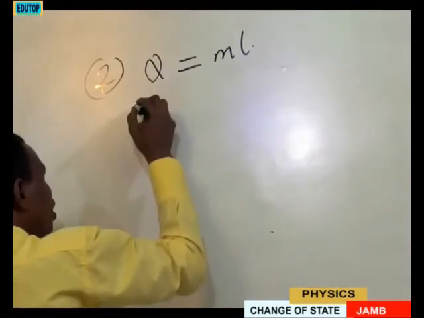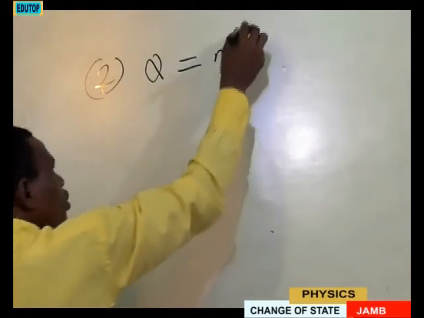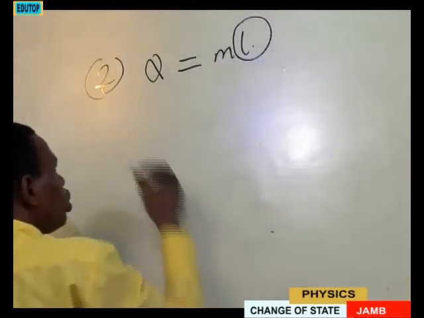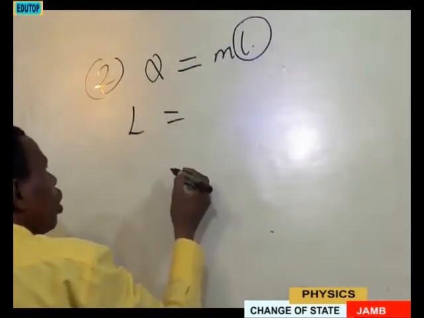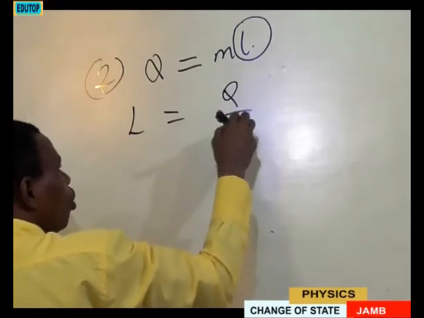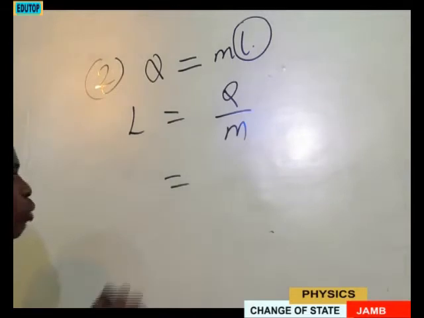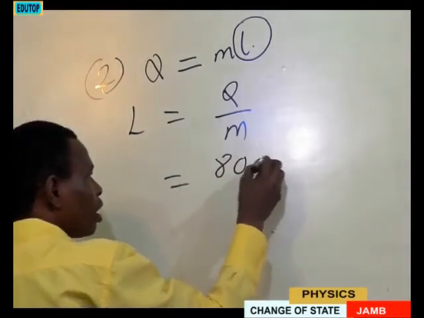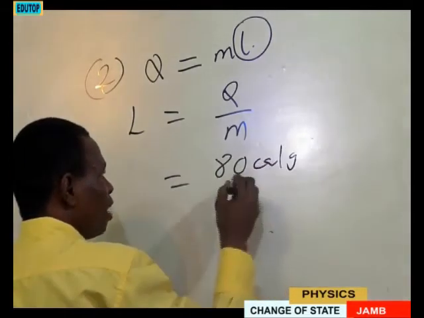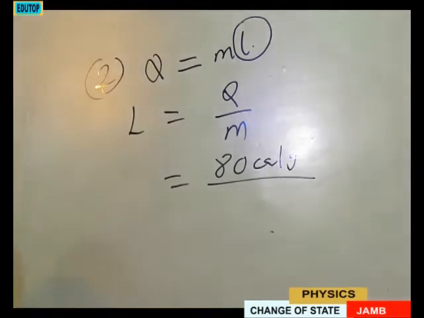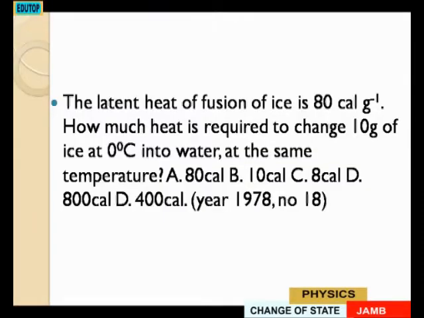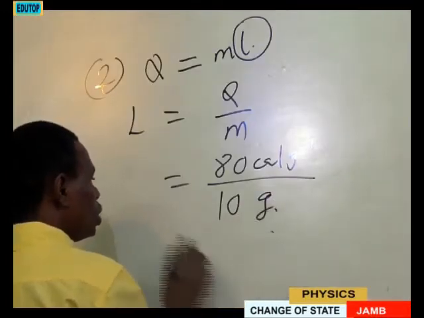We are given the latent heat of fusion, L, to be 80 cal per gram, and the mass to be 10 grams.